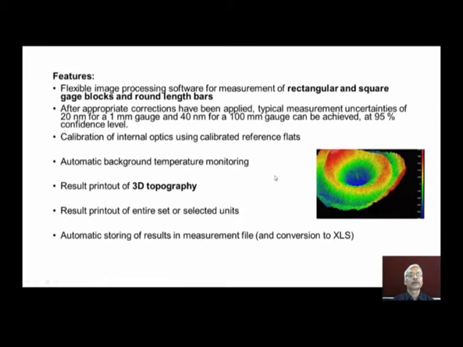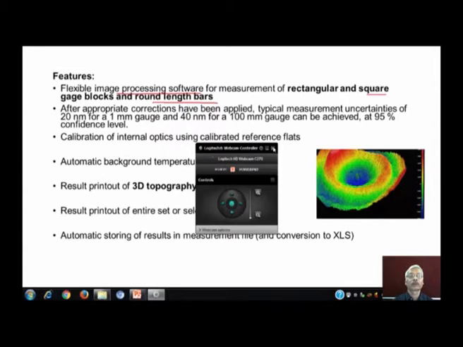Now, the other features of the laser interferometer are listed here. Flexible image processing software for measurement of rectangular gauge blocks, square gauge blocks, and round bars is possible with such interferometers.